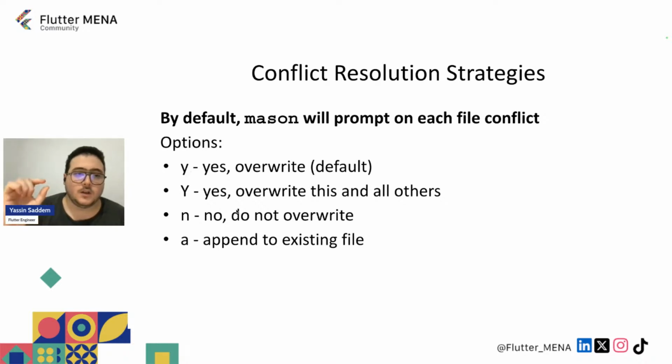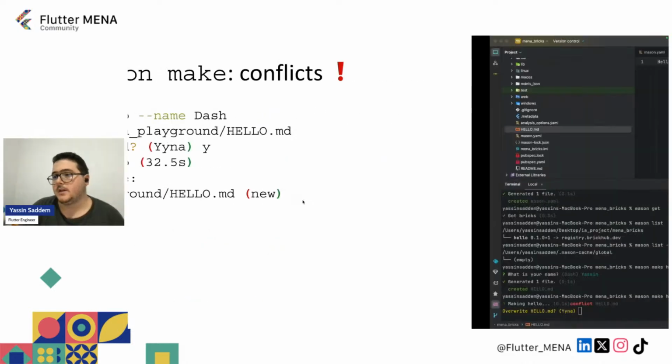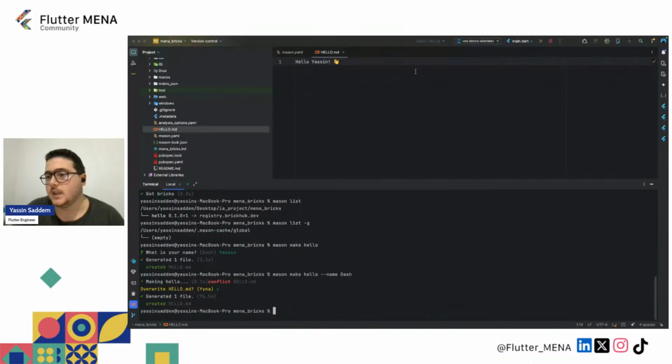The small y is to override. This is the default if we press enter. The big Y is for when there are many conflicting files, so I say yes for all. N is no, do not override, and A is append, like writing at the end of the file. So let's go back to our example. In that case let's say yes, it will override it.